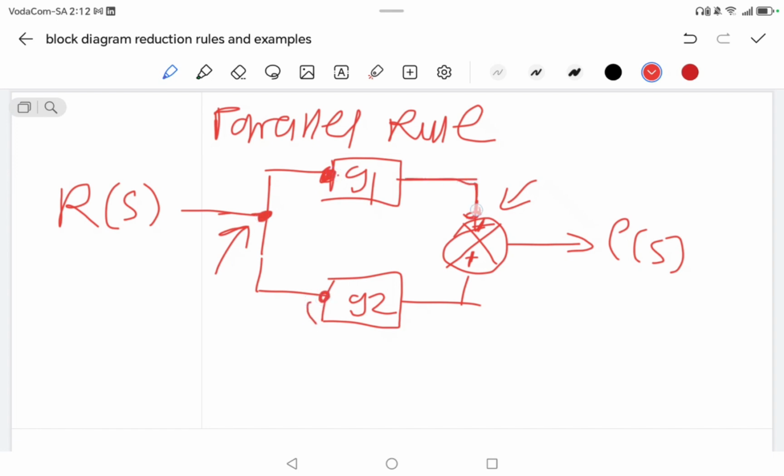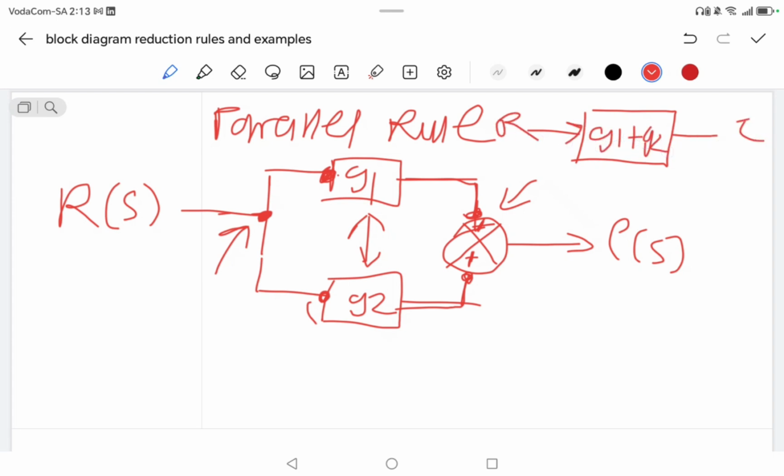They also came here and connect here. So this makes the two parallel, right? So what do we do to this one? To reduce this one, easy, it is G1 plus G2, right? R and C, right?